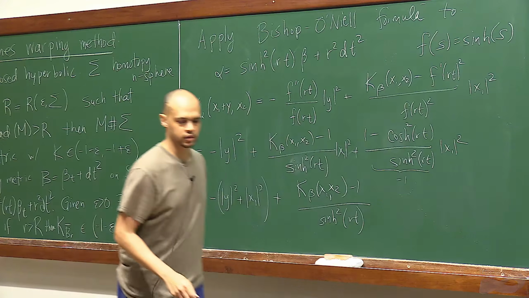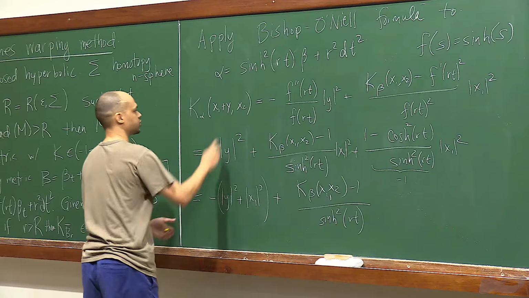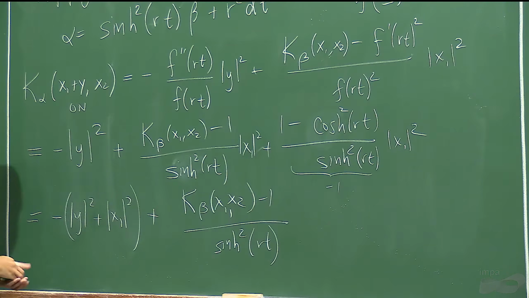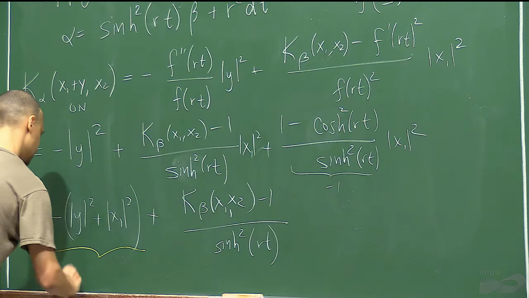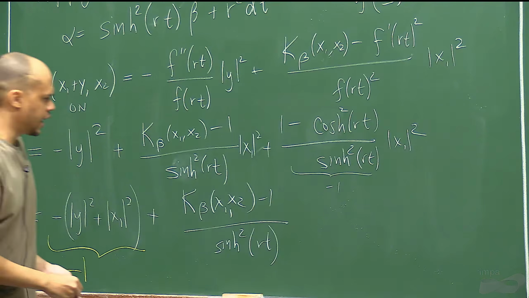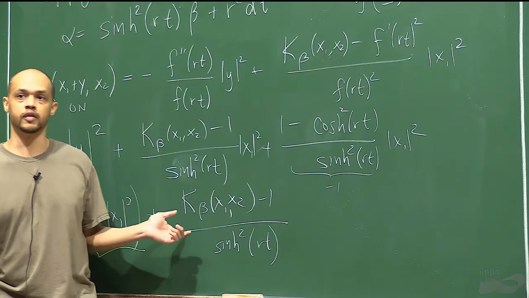Okay, now we're almost done. These two are orthonormal in this expression, so this bit is minus 1. And now we just need to think a bit about this expression.